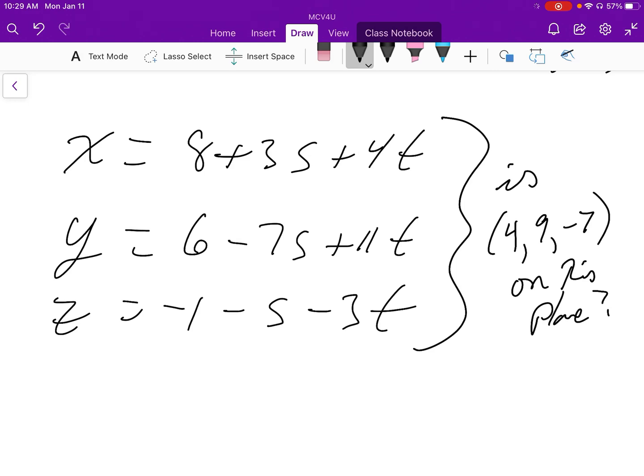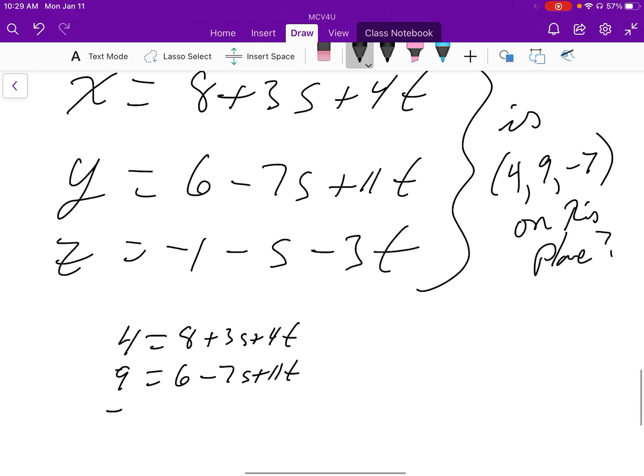So that means 4 would equal 8 plus 3s plus 4t, 9 would equal 6 minus 7s plus 11t, and -7 needs to equal -1 minus s minus 3t. Look what you have: 3 equations with 2 unknowns. How do we solve?